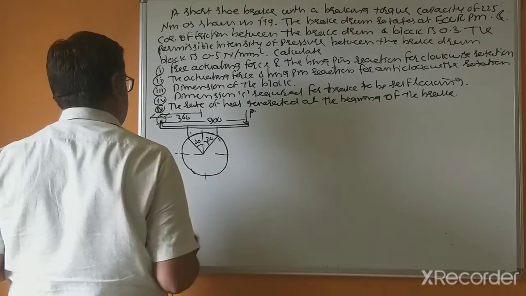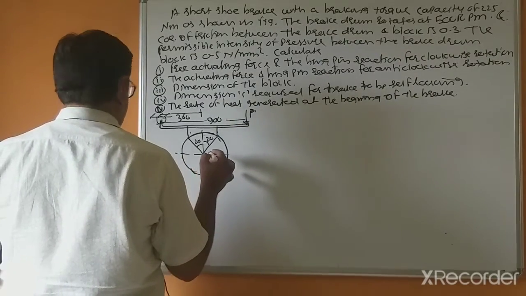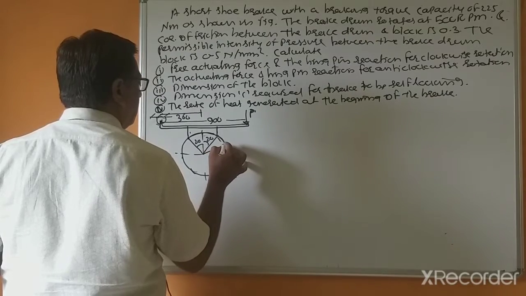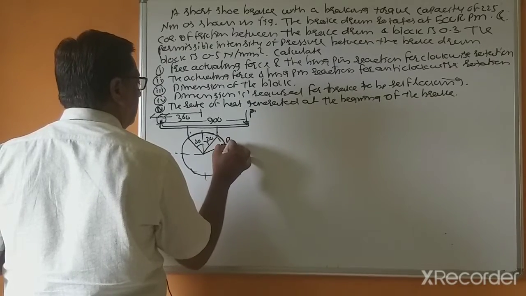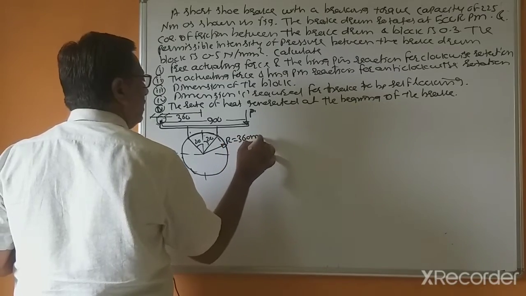P equal to, the radius of the drum, 360 mm.